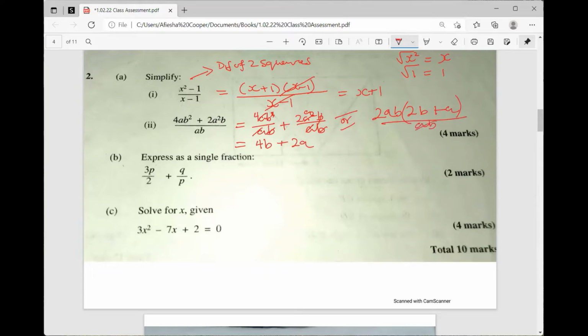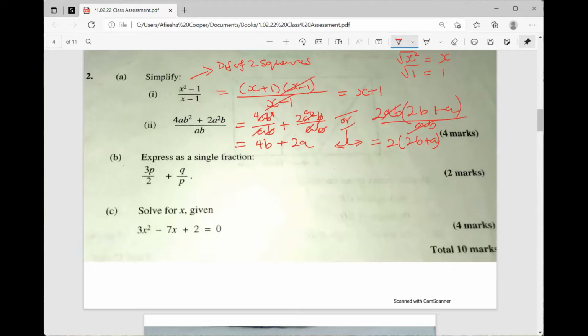Now I can say ab and ab cancel, and I'll end up with 2 open brackets 2b plus a, which is the same thing as 4b plus 2a. So either one is fine to work this question out for your formats. Any questions?